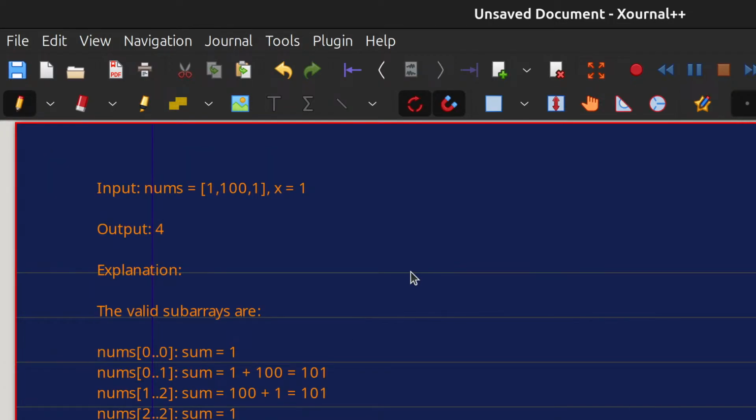So how to find these subarrays, guys? Count these subarrays, right? So is sliding window enough here or not?